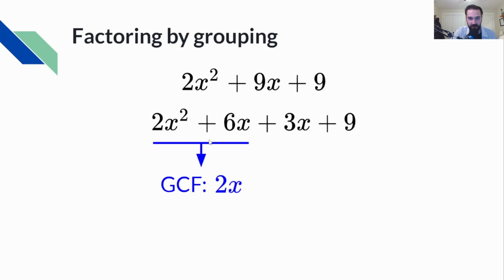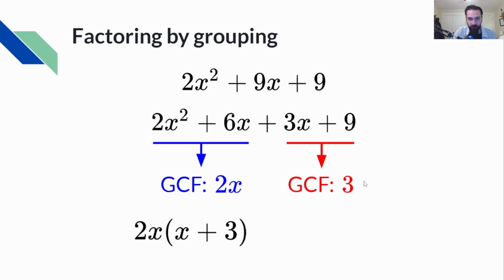The GCF of these two terms is 2x, and the GCF of these two terms is 3. So in blue here, let's pull out a 2x, and we'll see that we're left with x plus 3. And then here in red, when we pull out a 3, we're left with x plus 3.